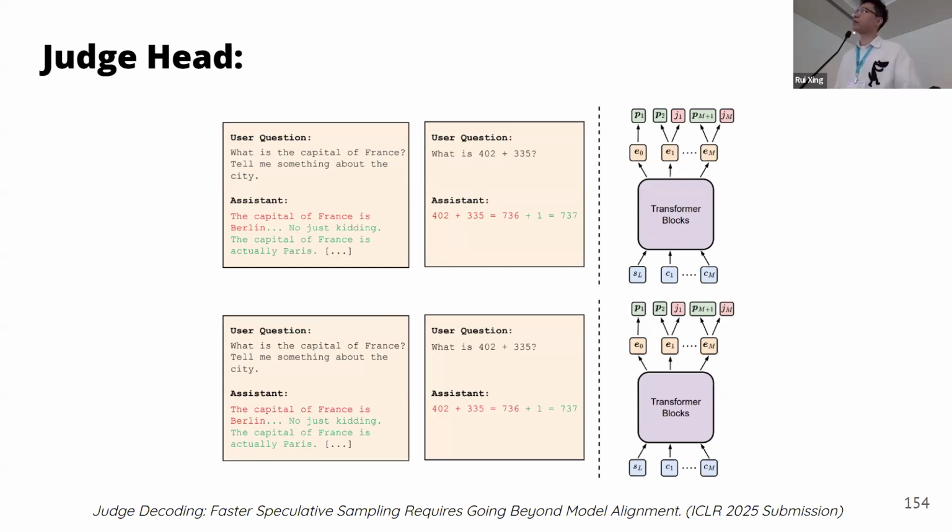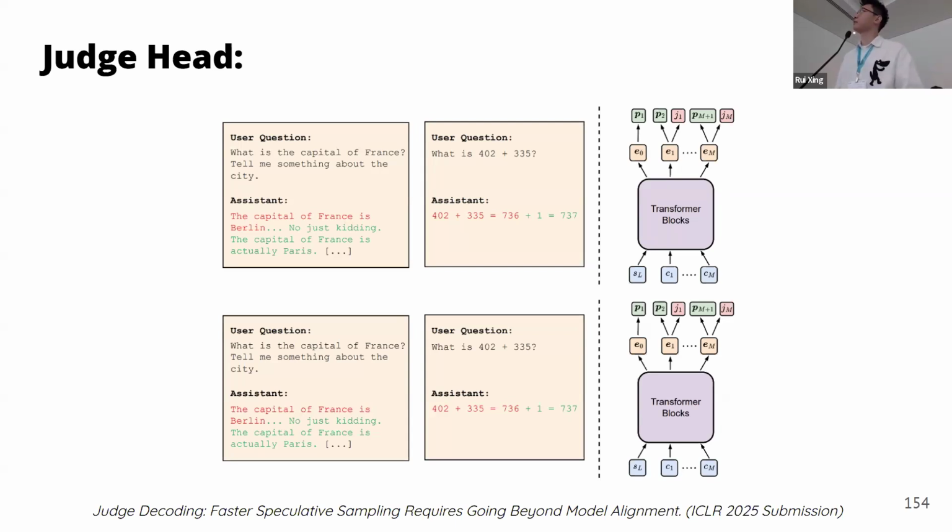So if some draft tokens fail the strict verification of the target large language model, but pass the verification of human judgment, we can consider these tokens as accepted and include them in the final output. So it is a kind of relaxed strategy, right?